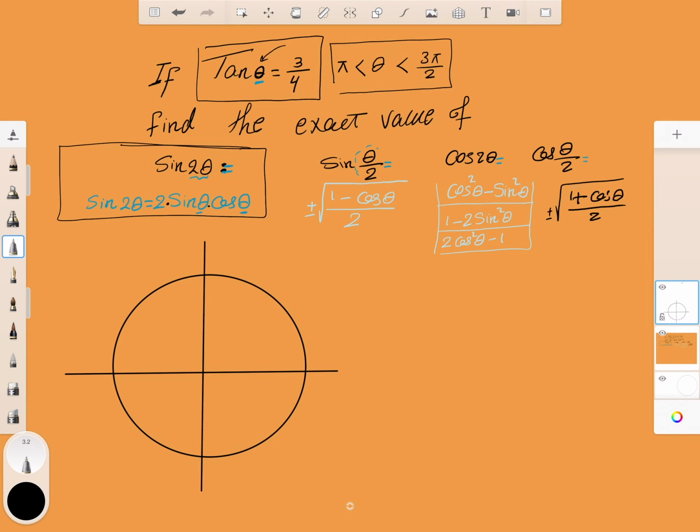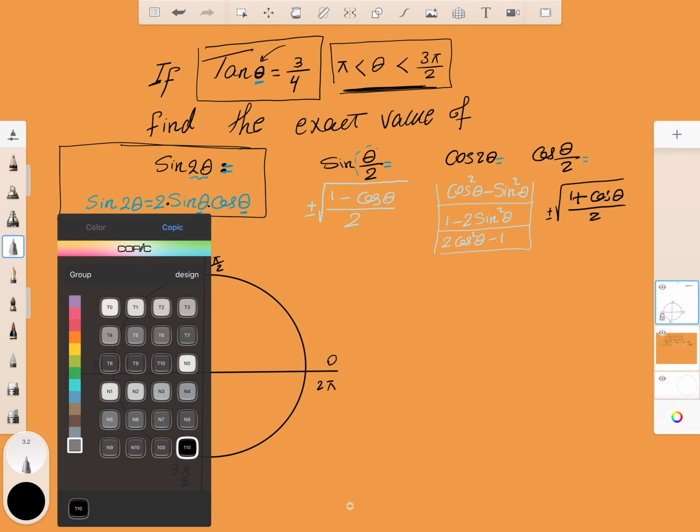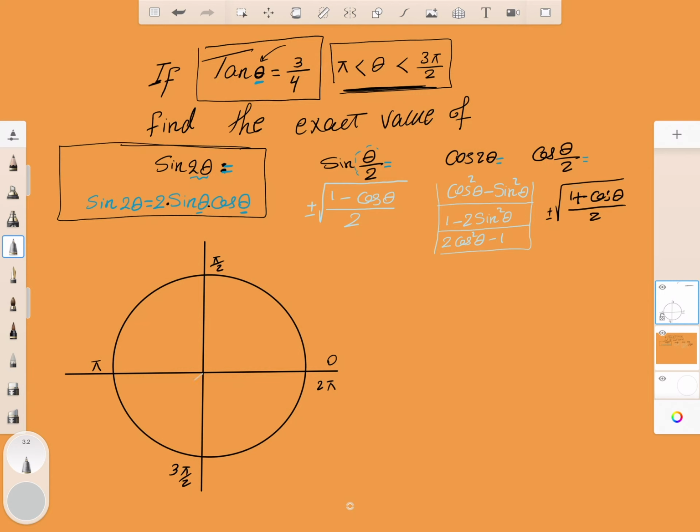We have 0, pi half, pi, 3 pi half, and 2 pi. They're saying theta is between pi and 3 pi half, so I'm going to make a theta here randomly.